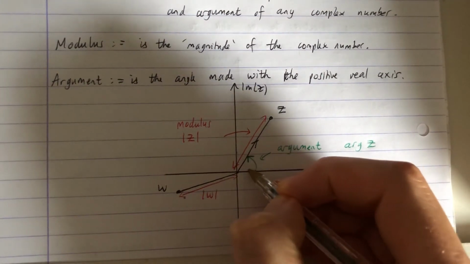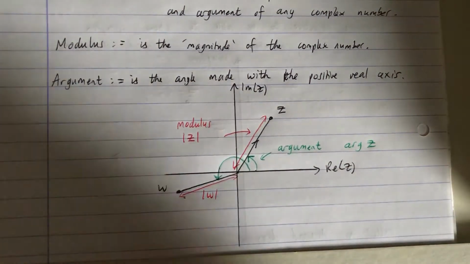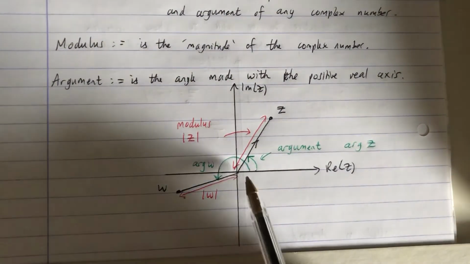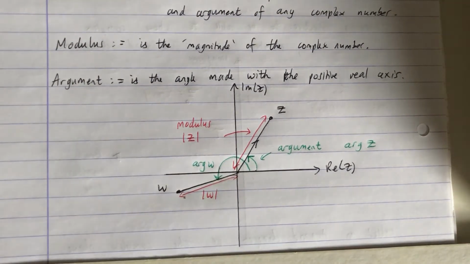You go in this direction, and that would be the argument of w, or you could express it as a negative value and go clockwise instead.